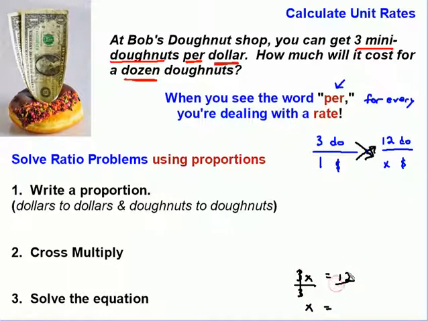On this side, whatever we do to the left side, we do to the right. 12 divided by 3 is 4. x is equal to 4. So, how much will it cost for a dozen donuts? Well, according to our proportion, it should cost $4.